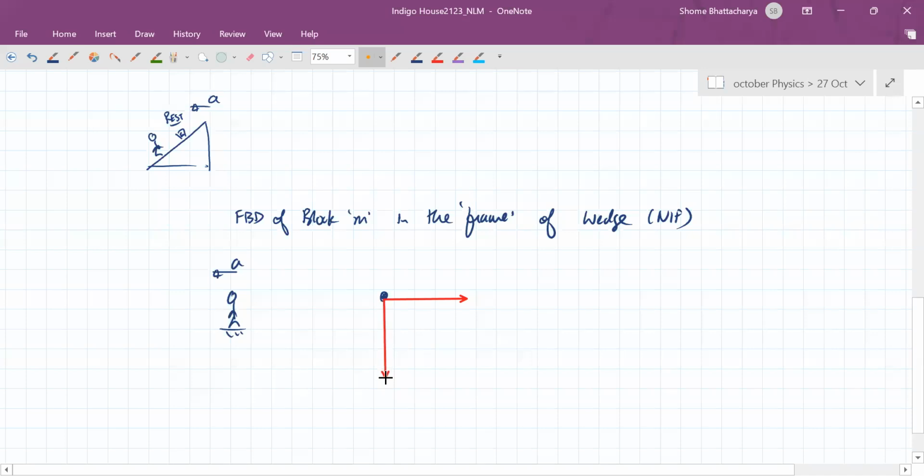Then there is weight, and then there is the normal contact force. Okay, so three forces are acting: pseudo force, the normal reaction, and the weight.